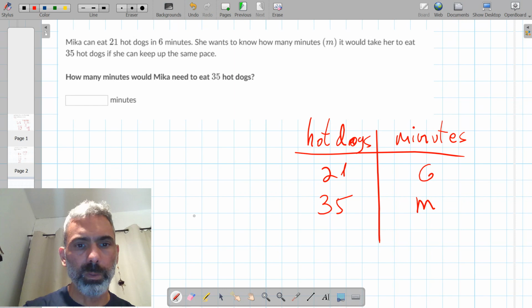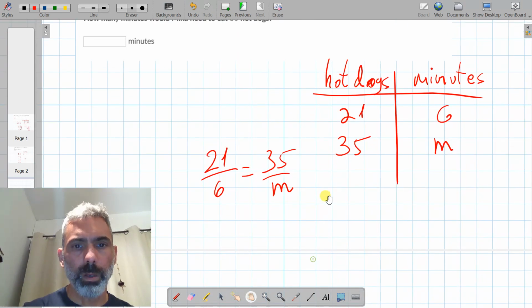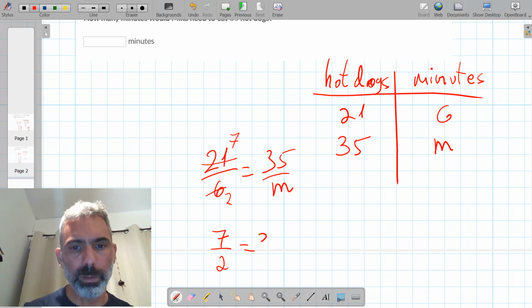So 21 over 6 is the same as 35 over M. Okay, I can simplify this if I divide by 3. 21 divided by 3 is 7, and 6 divided by 3 is 2. So 7 over 2 equals 35 over M.